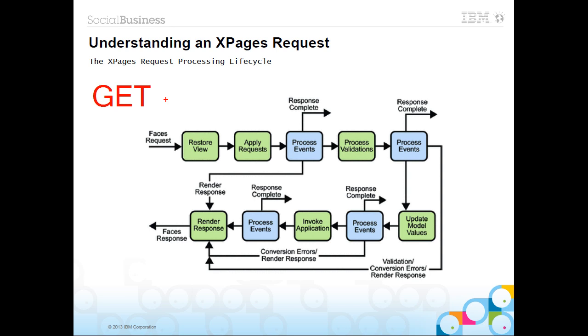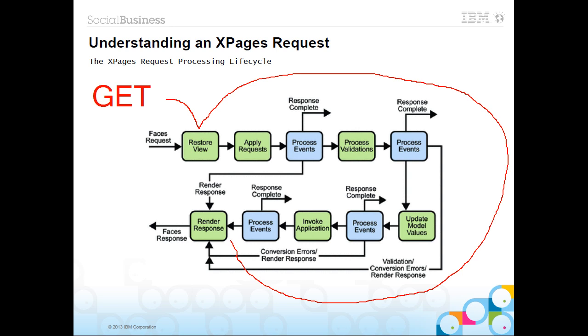Phases 1 and/or 6 are involved in this particular use case. That is the restore view phase and the render response phase. So given that it is a standard GET request, there will be no corresponding component tree already existing on the server side. So in terms of restore view phase, it will be skipped in this case. The XPages runtime verifies that there is no pre-existing component tree, hence skips directly to the render response phase.